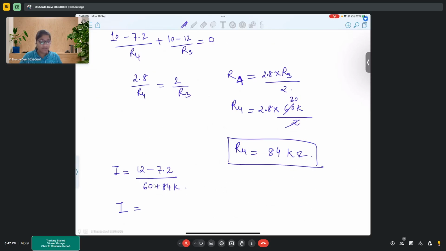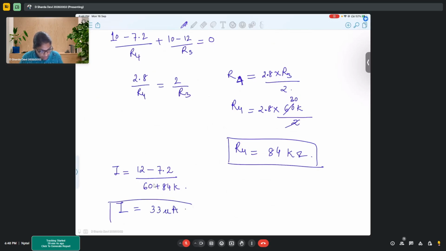What is the value that you get? 33 microampere, I guess. Yes.